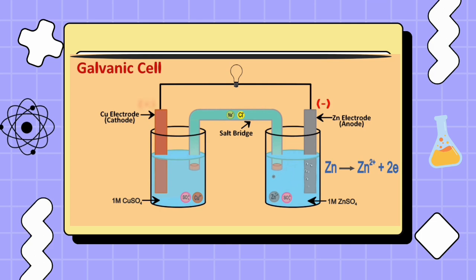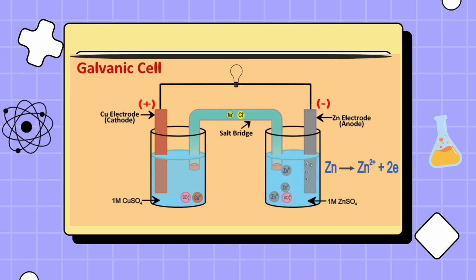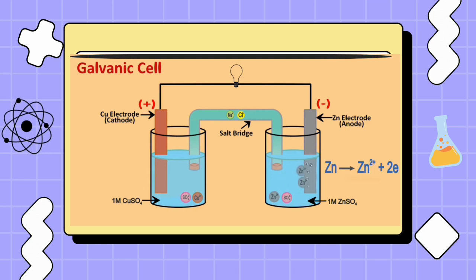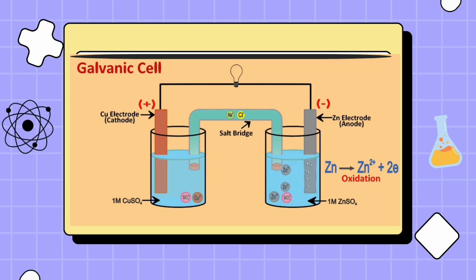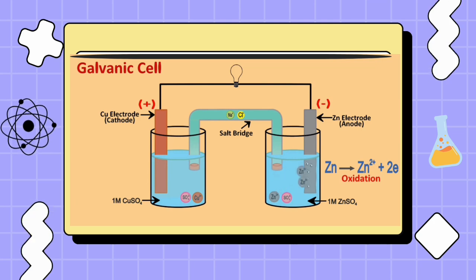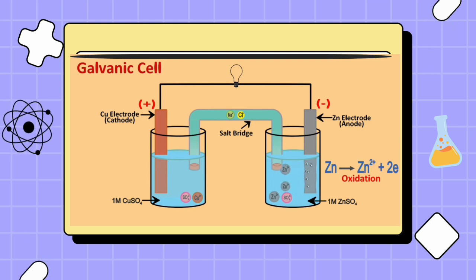Therefore, the zinc electrode is at the negative terminal of the cell, called the anode in this setup, and copper is at the positive terminal of the cell, called the cathode in this setup.